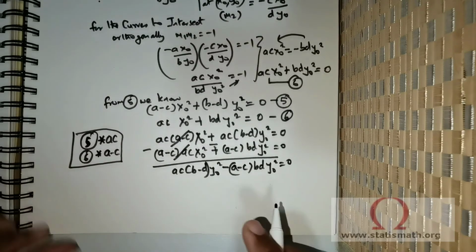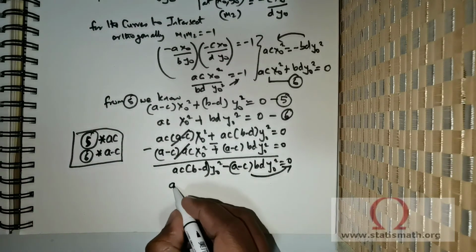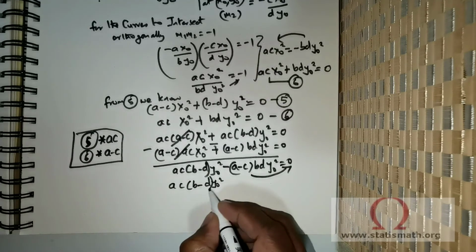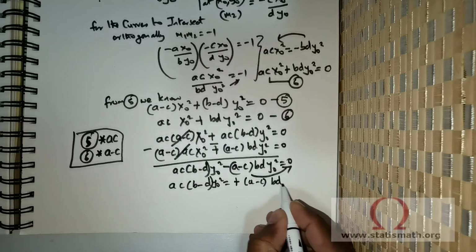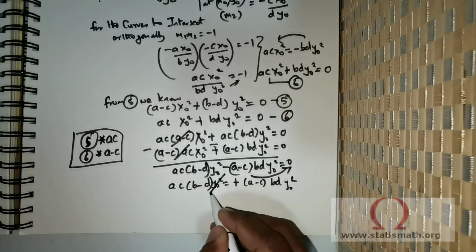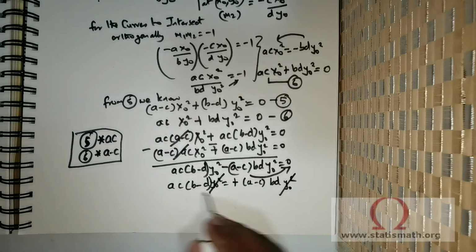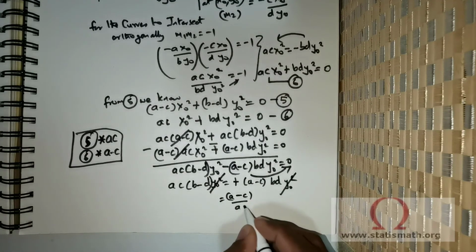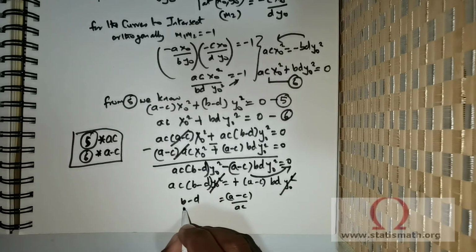I'm going to be moving this to the right, so that would give me ac times b negative d y naught squared is equal to positive a negative c times bd times y naught squared. You can cancel the y naught squared on both sides. I'm going to move AC down, so that's going to be a negative c divided by AC. I'm going to move BD down to the left. That's going to be b negative d divided by BD. So this is what we have got.